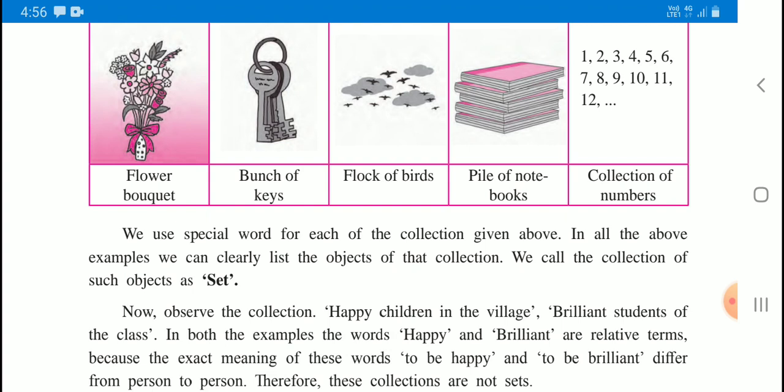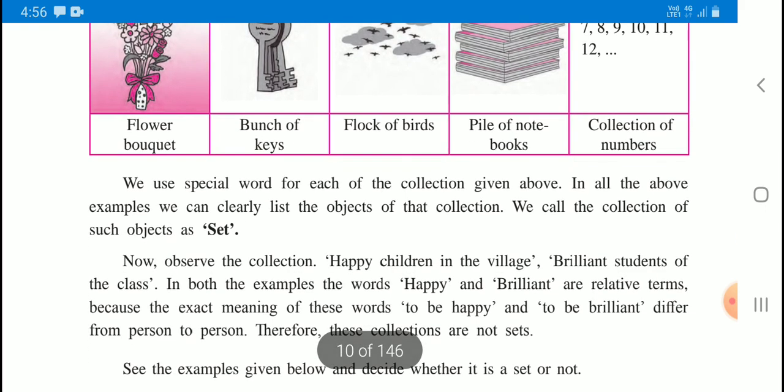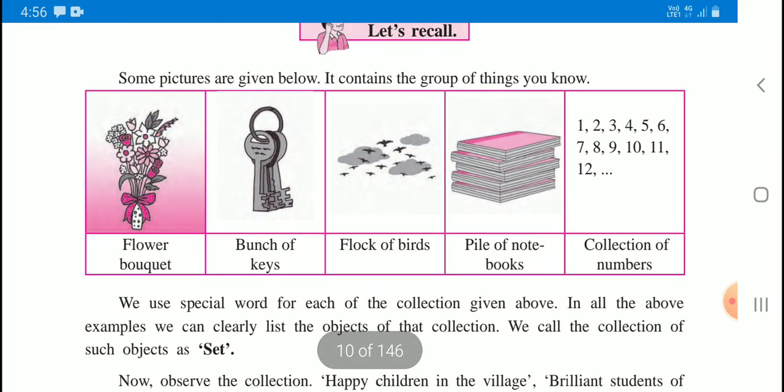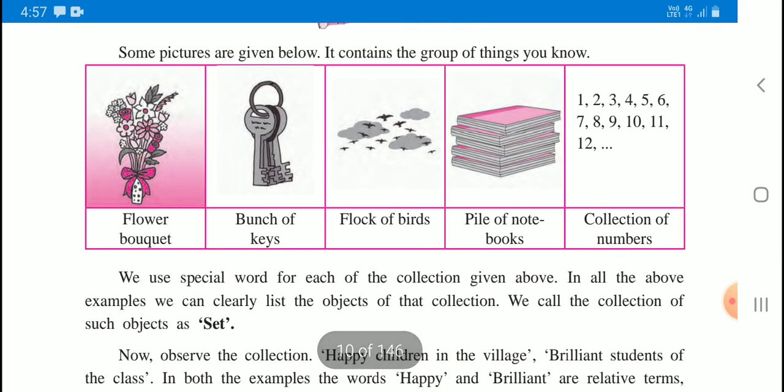This is the flower bouquet, a well defined collection of flowers. The second picture shows many keys bunched on one ring, so this is a bunch of keys. In the third, the birds are flying together in the sky, so this is a flock of birds.